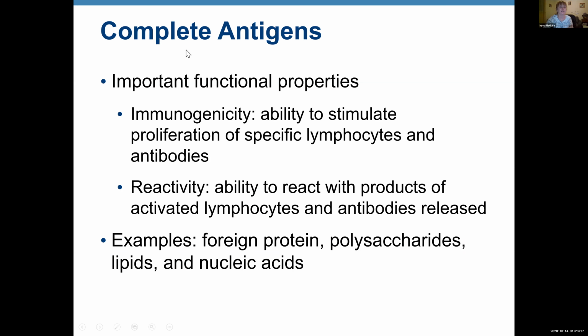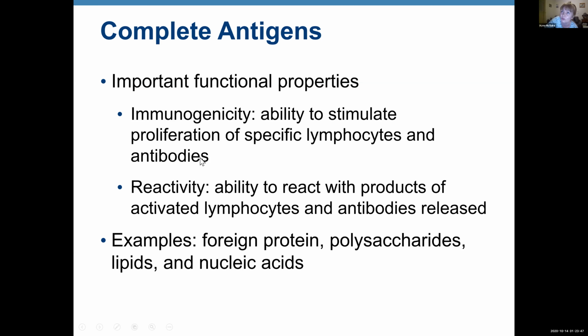Complete antigens have important functional properties such as immunogenicity. Genicity, genesis, means you generate something, so you generate immunity. Immunogenicity is the ability to stimulate proliferation, and proliferation is division through mitosis, of specific lymphocytes and antibodies.